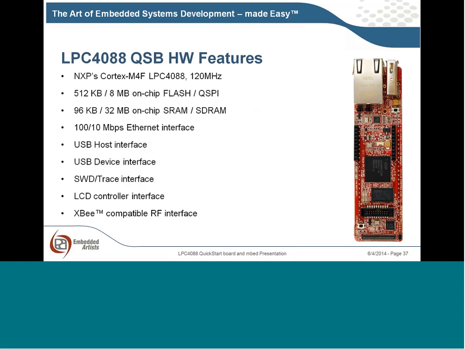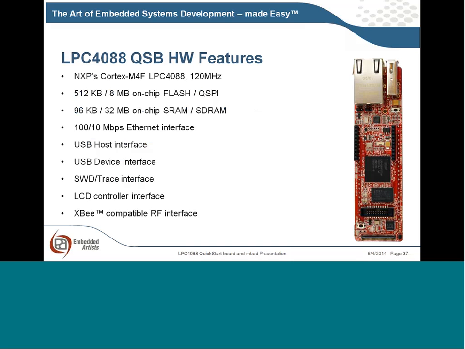So here we have the QuickStart Board hardware features. It's a 120 megahertz LPC4088 Cortex-M4F core, and the F stands for floating point. There is half a megabyte of on-chip flash and 8 megabytes of external QSPI flash. Both flashes can be used for program and data storage.